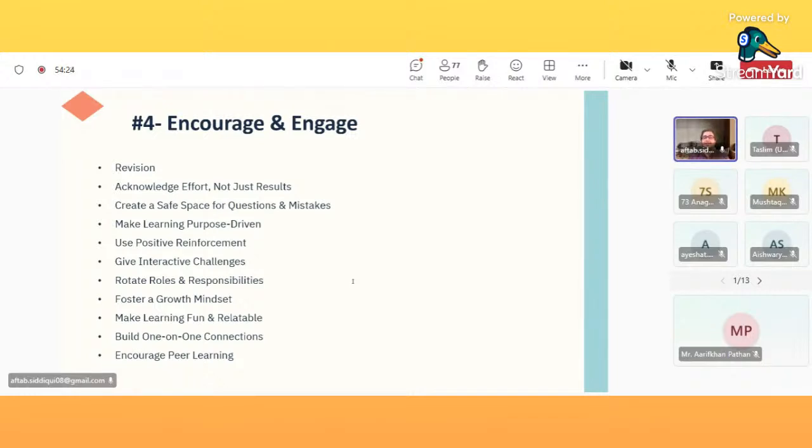Okay, like in pharmacy, asking questions and making mistakes here is better. You can say it like this: in pharmacy class, asking questions and making mistakes is better than making them in real life with the patient, with the drugs. Okay, so just create a safe space whereby the students are very much motivated to ask questions and leave room for mistakes.